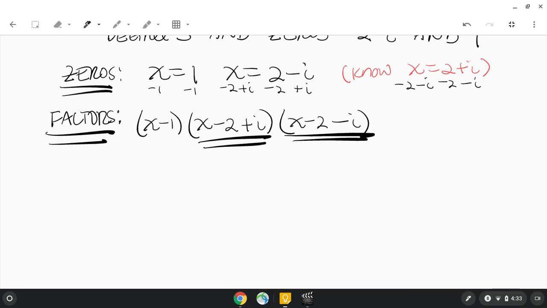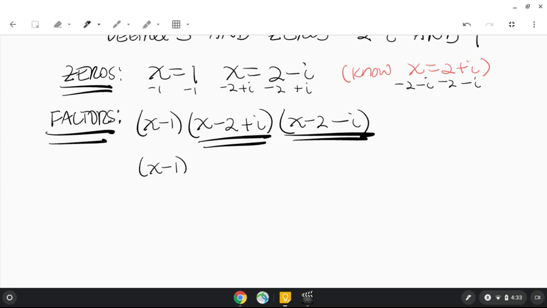Okay, so suppose that I have this. I'm going to rewrite these two factors in a different way so that hopefully you can see what I mean.